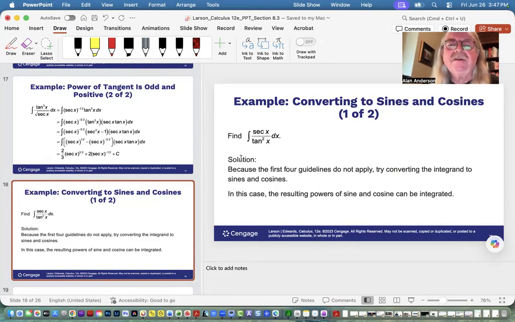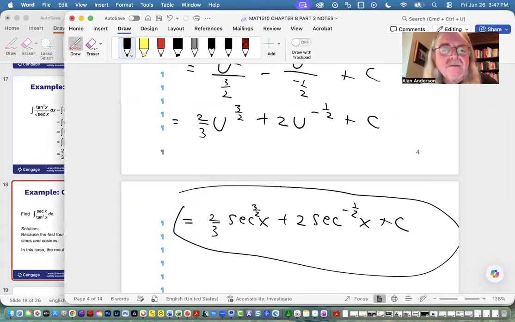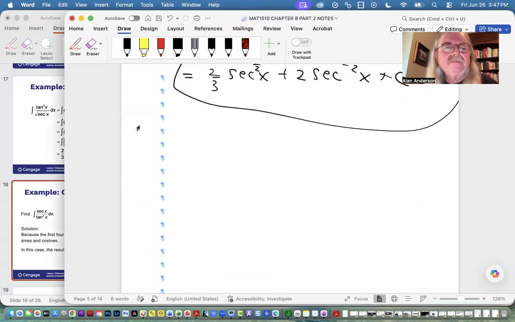Now here they're kind of playing games with us a little bit, because they're saying this one doesn't seem to fit. Well, all right. Just a quick reminder.